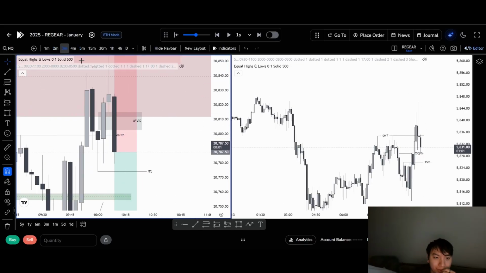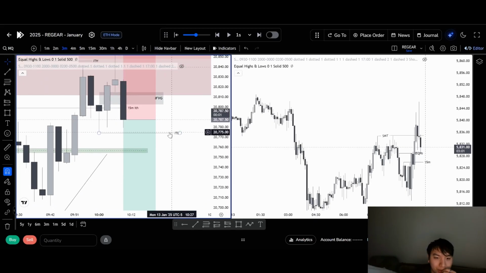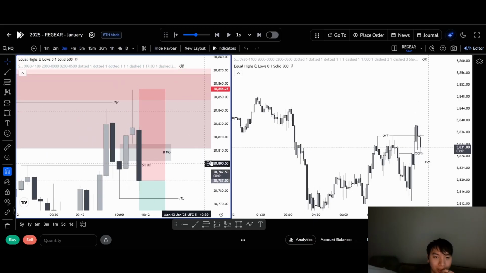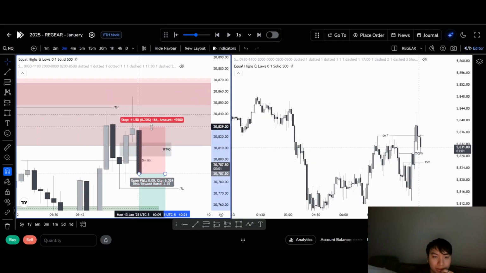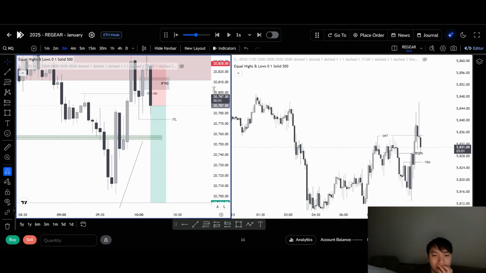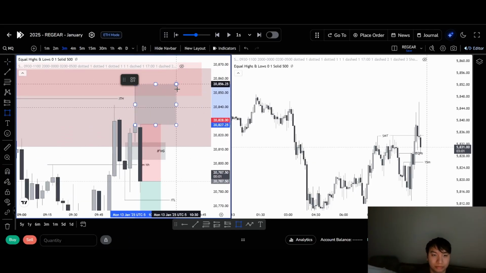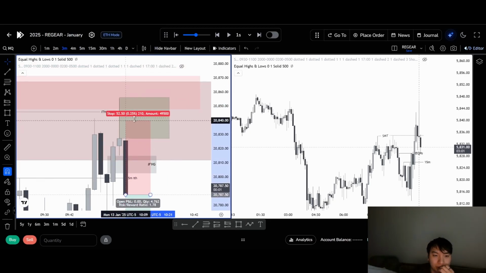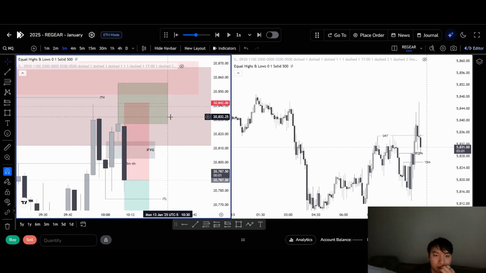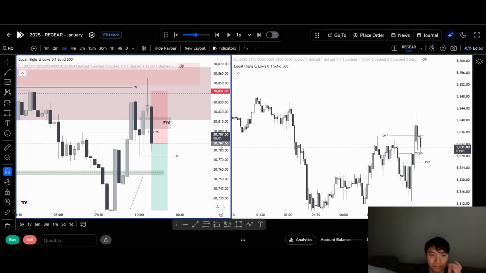And what do we have? We have a 3-minute inversion to the downside right here. We have our intermediate low right here. We could go here. And actually, I will do that because I'm gonna go C of the wick, just so I can still have some safety measures.